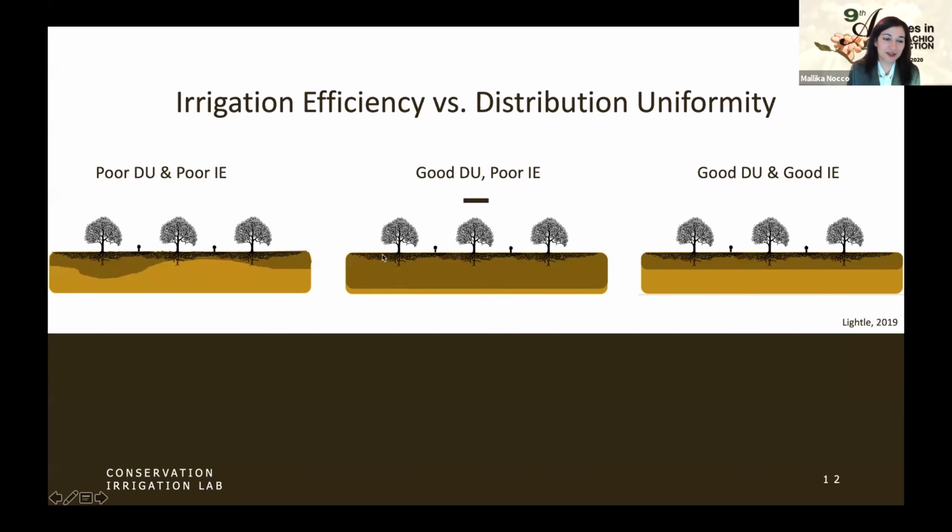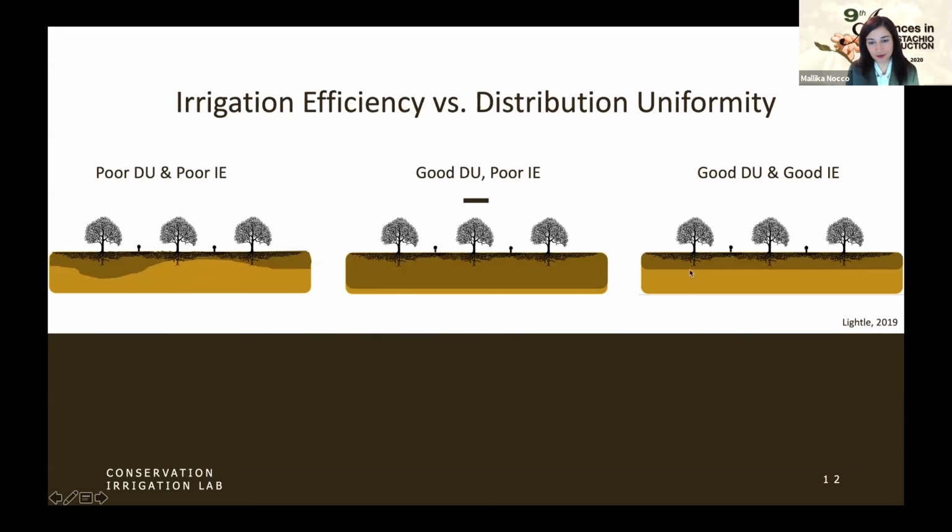It's because the event is going way far past the root zone here. And that's not very efficient. So the reason that this system is inefficient is because of scheduling, right? Poor scheduling in terms of thinking about how much needs to be applied in this system.